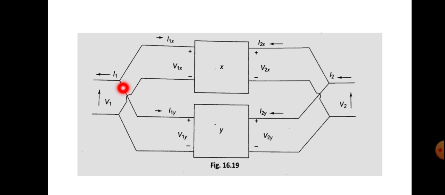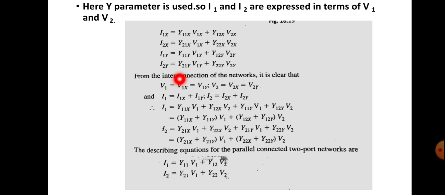So I1 will be equal to I1x plus I1y, and I2 will be equal to I2x plus I2y. In the case of parallel combination, that we have studied in the first year classes, currents will be summed and voltages will be equal, for the parallel connection.